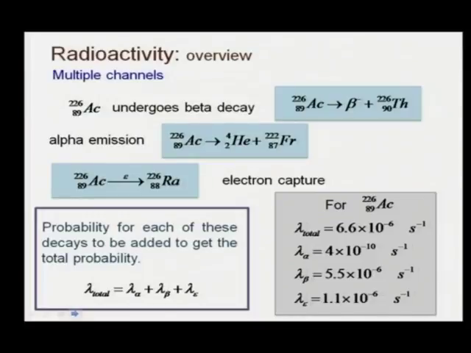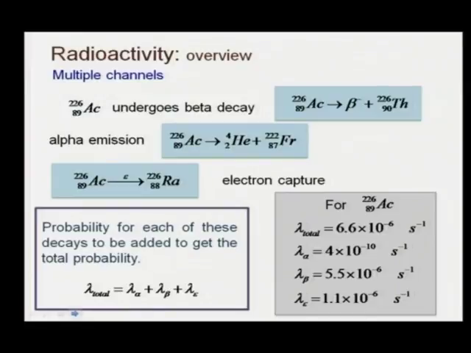Beta decay probability is about 5.5 times 10 power minus 6, which means out of these 6.6 which decay in 1 second from a sample of 1 million actinium, 5.5 are beta decays and 1.1 decay through electron capture.